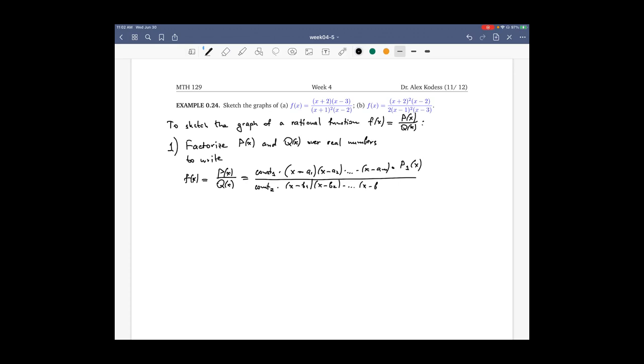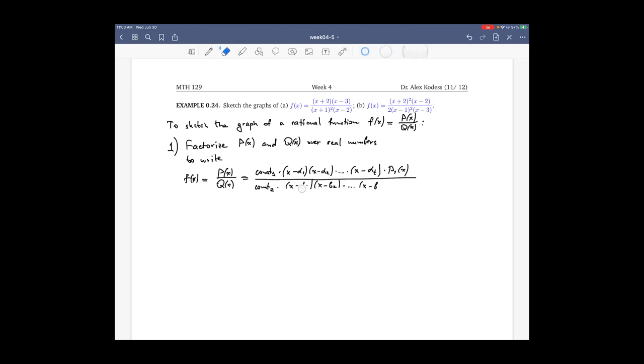I shouldn't be using letters a and b because I was using them for coefficients. So let me rewrite this. Let's say in the numerator we have x minus alpha 1, x minus alpha 2, x minus alpha t times p1 of x.